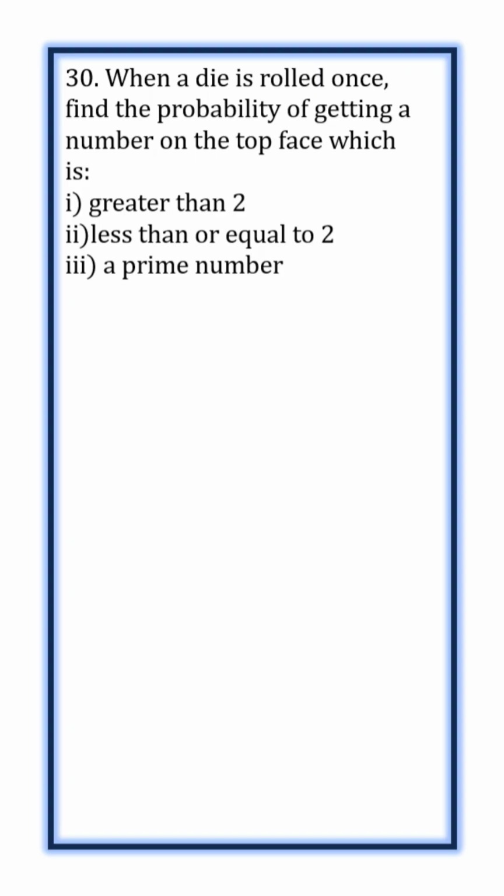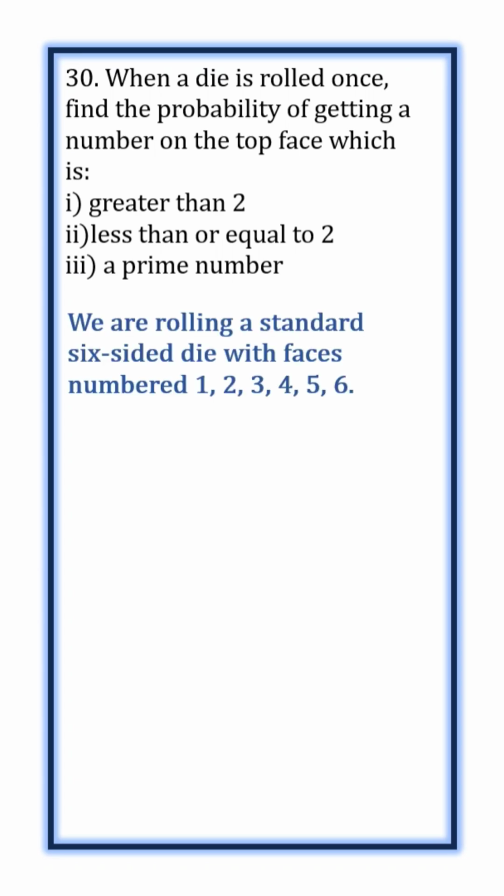Now let us solve it. It is taken from the chapter probability. We are rolling a standard 6-sided die with the faces numbered 1, 2, 3, 4, 5, 6. So number of outcomes is 6. So number of S is 6.